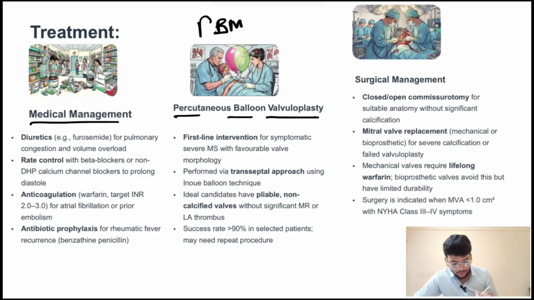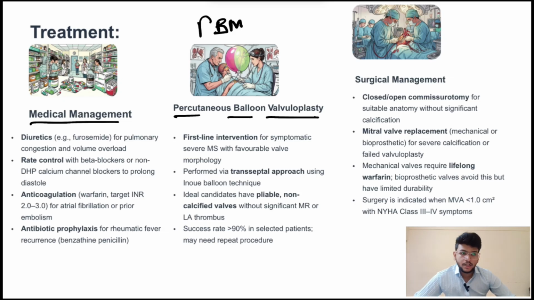Medical management includes diuretics like furosemide for pulmonary congestion and volume overload. For rate control, we use beta blockers and non-DHP calcium channel blockers to prolong diastole. Anticoagulation like warfarin is given, and antibiotic prophylaxis for rheumatic fever. To avoid recurrence, we give benzathine penicillin.